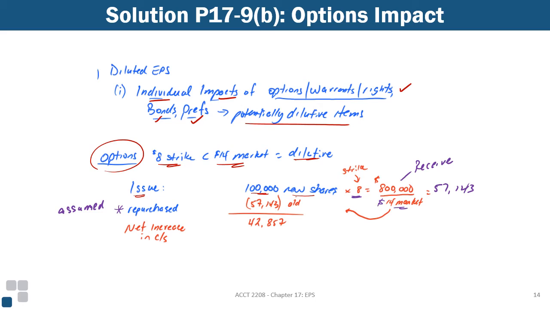So even though the company will issue 100,000 new shares, we assume that they will repurchase immediately 57,143 shares, resulting in a net increase in common shares of 42,857. This is the piece that students always miss. Don't forget the assumed repurchase of shares. You do that, you're golden.